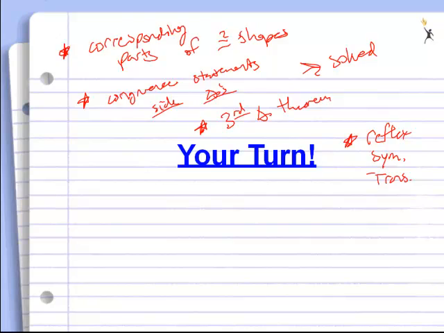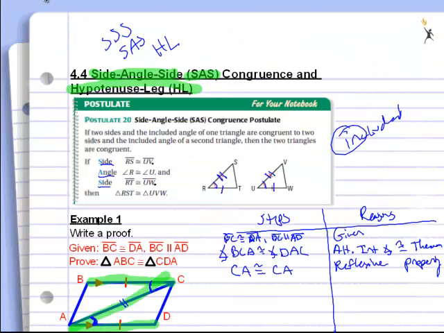Well, you can see here why we're using it. Both of these triangles have this same side, so I can say that CA is congruent to CA. Well, I just proved, or I was given, that one side is congruent, I proved an angle congruent, and then I just proved a second side congruent.